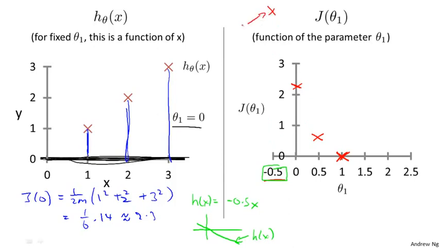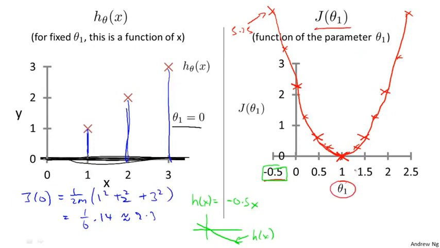It works out to be something like 5.25. And so on. And for different values of theta 1, you can compute these things. And it turns out that when you compute a range of values, you get something like that. And by computing the range of values, you can actually slowly trace out what this function J of theta looks like. And that's what J of theta is.